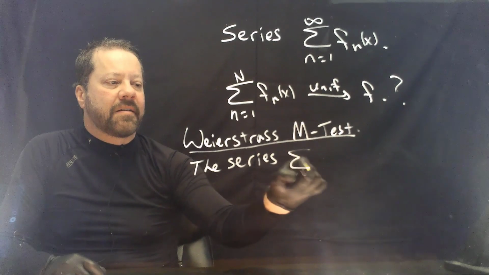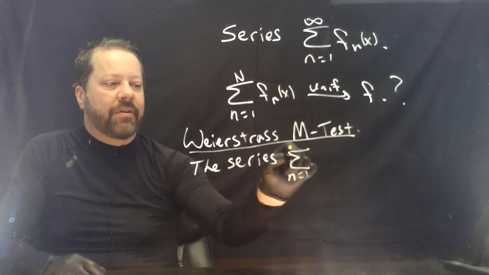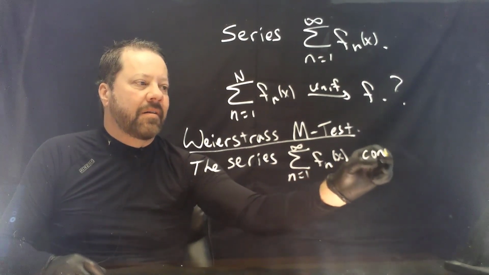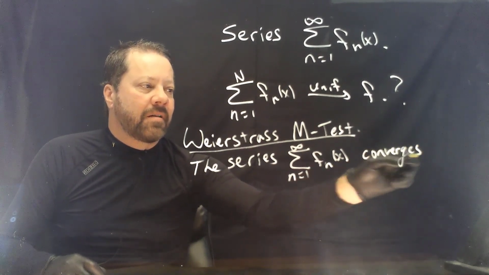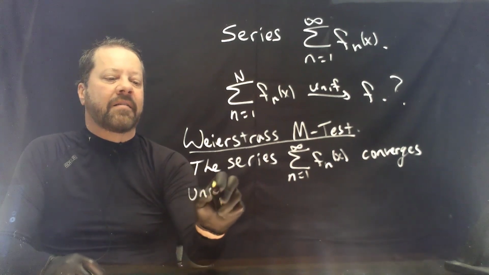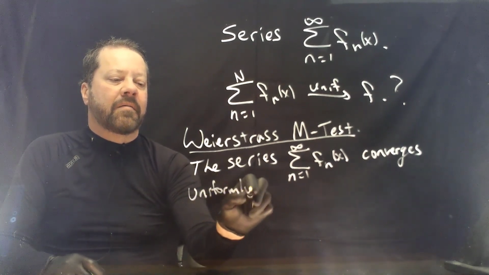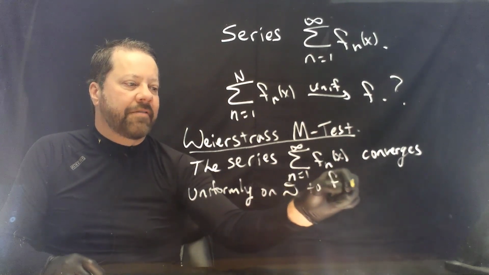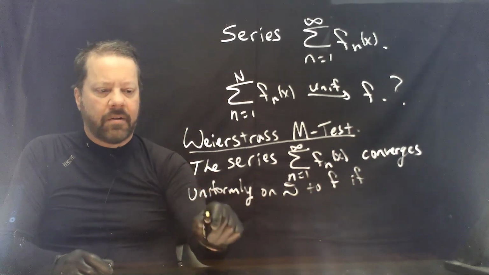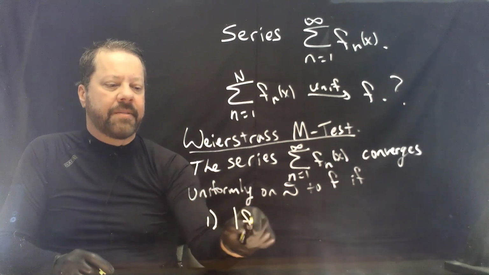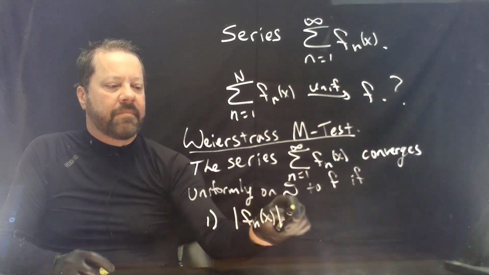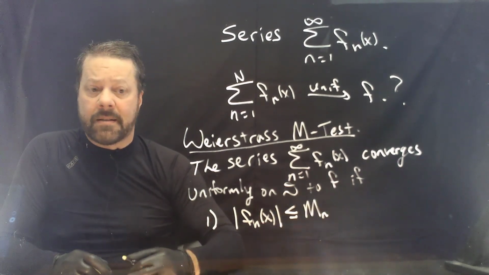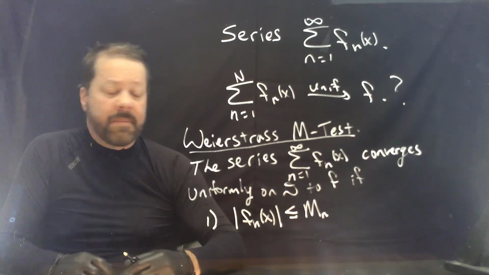The series sum as n goes from 1 to infinity of fn of x converges uniformly on some domain D to f if, first of all, the functions themselves are bounded by some constant. Different functions may be bounded by different constants.